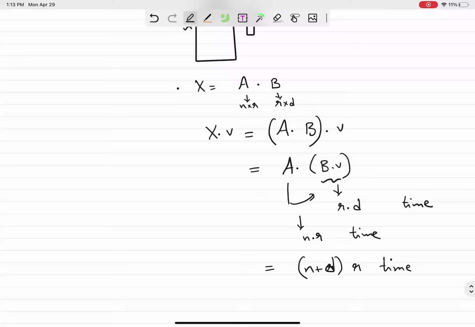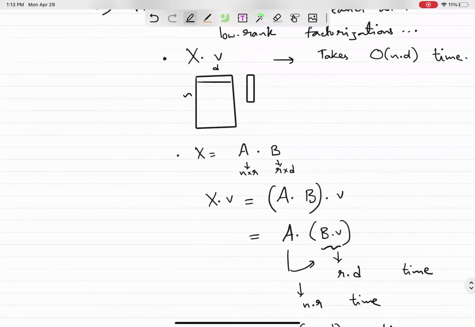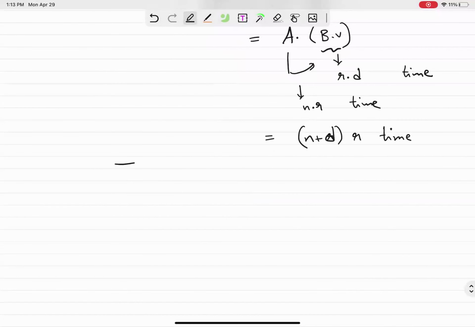So even matrix vector multiplications would be much faster if you have a low rank. And the final reason, which again we're not going to discuss, is that there are good statistical reasons.